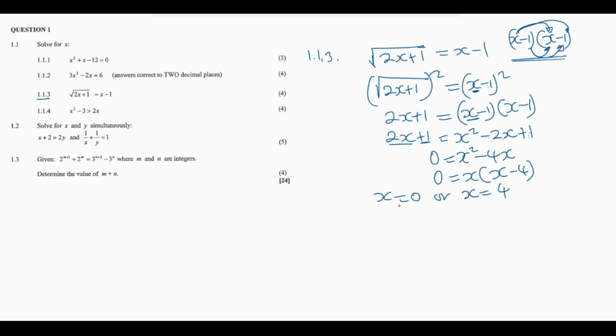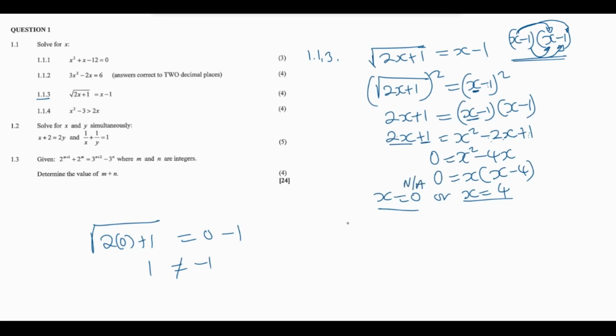Right, every time we're dealing with the third equation, we have to check our answers. So let's substitute. Where there is x, let's put 0. What do we get? 2 times 0 plus 1 is equal to 0 minus 1. Then this gives us 1 is not equal, they are not equal. So it means 0 is not applicable.